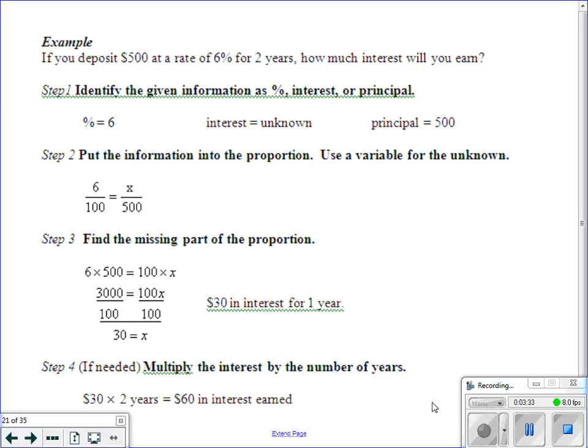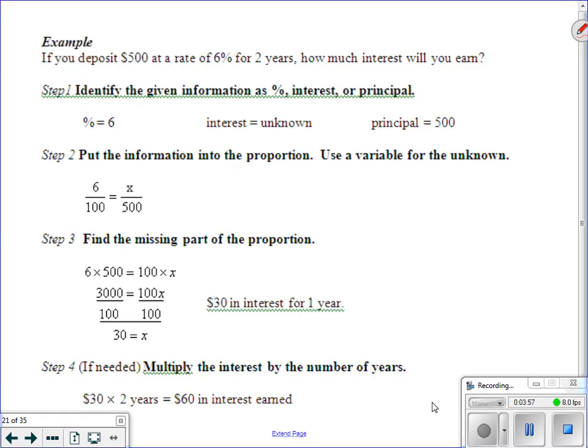So let's take a look at some examples here. So if you deposit $500 at a rate of 6% for 2 years, how much interest will you earn? Okay, so again, we've got 3 parts to identify here because, again, we know the 100 is always going to be there. Okay, the 100 will always be on the bottom of the percent.